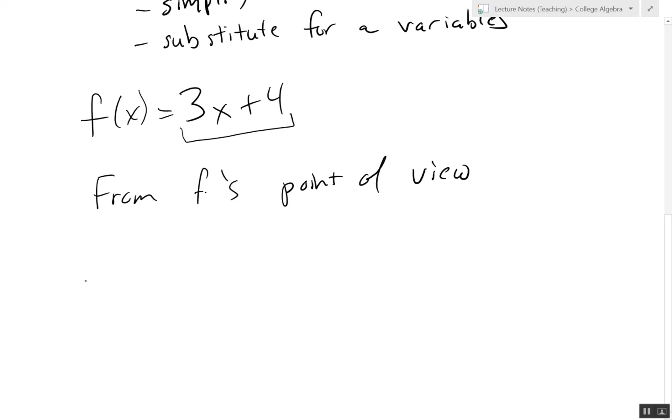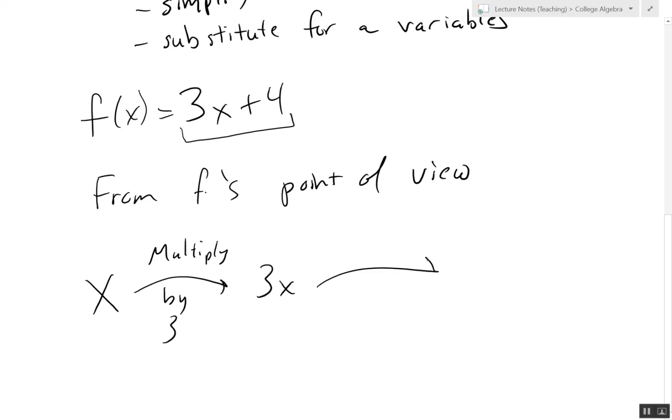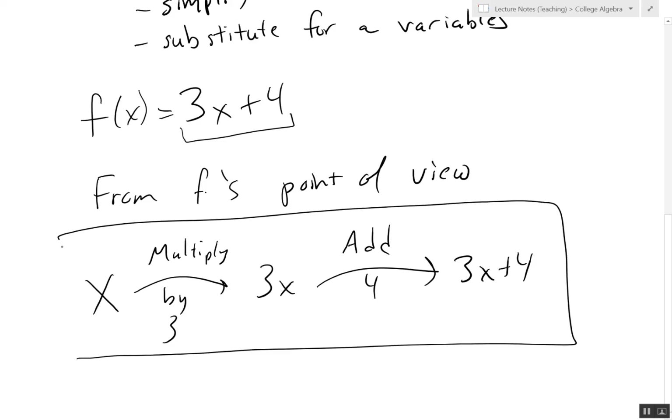We're taking x and multiplying it by 3 to get 3x, and then we're going to add 4 to get 3x plus 4. So this is all the function cares about, is what it does to the variable.